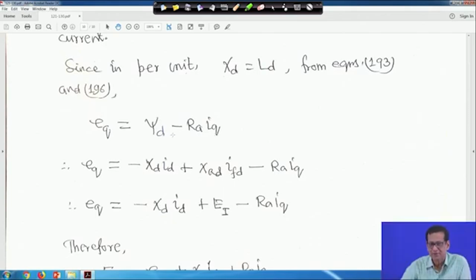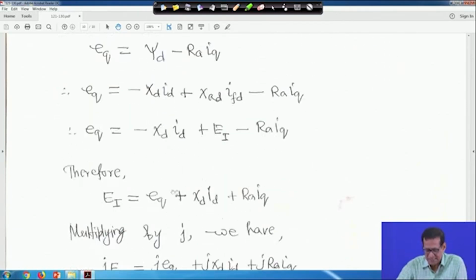This is same as before, right. E_Q will be, instead of L_D we write X_D, minus X_D I_D plus, instead of L_AD we write X_AD I_FD, minus R_A I_Q, right. So E_Q will be minus X_D I_D plus E_I minus R_A I_Q. This first you will rewrite, right.